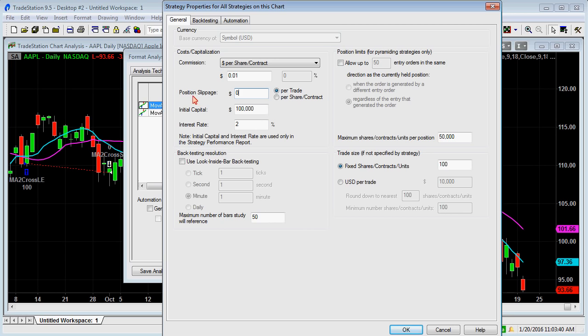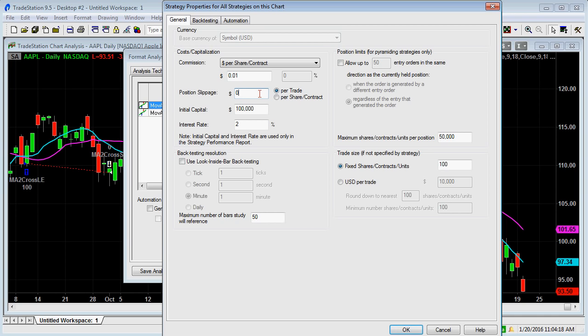Slippage, if you're dealing with market orders where there is a movement in price, if you're not familiar with the term slippage, remember that when you send an order to the market, you may think that you're going to get one price, but in reality, when the market order comes back and gives you a confirmation, the order price may be completely different than what you expected. And sometimes that slippage goes against you.